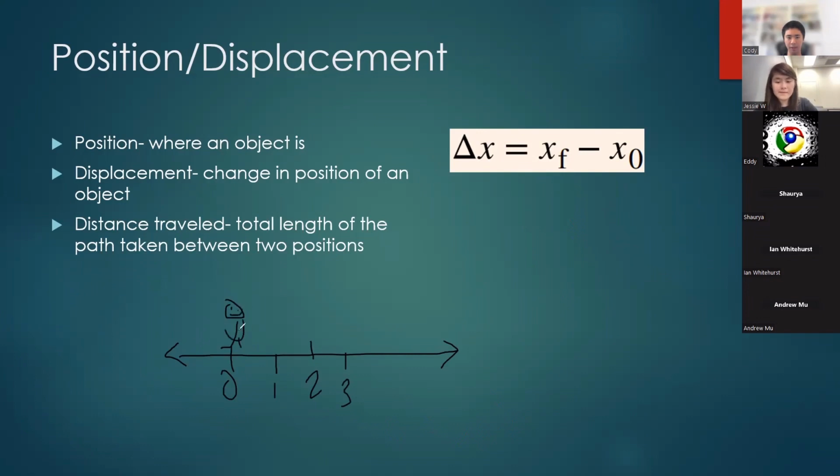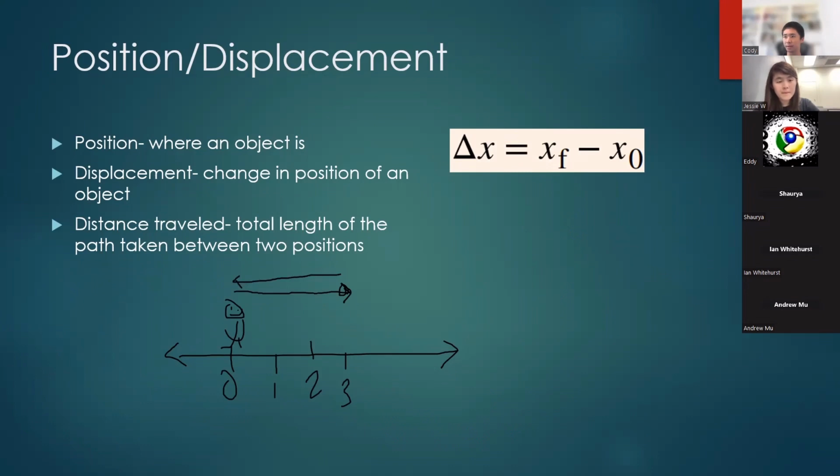That's the position. When we talk about how far things are, there's a difference between displacement and distance traveled. Say this person goes from here, walks to point 3, and walks back to their original position.